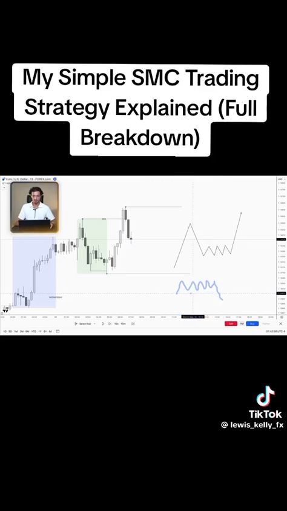Engineered liquidity. They'll manipulate the lows like this because they understand that there is going to be the final area of sellers in here. So when all of these sellers come in, and that liquidity comes in the form of sell stops, all of that sell liquidity goes to the market and they can have the final accumulation of that order. And then you have the aggressive price move that breaks structure.